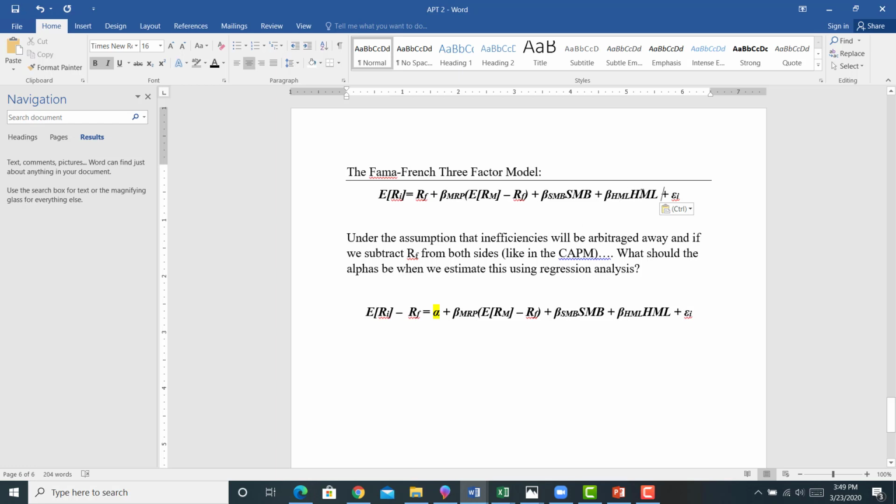The HML risk factor represents the returns of stocks with high book to market ratios minus the returns of stocks with low book to market ratios. I'll explain exactly how these things are calculated. But before I do, let me give you some justification for using these variables as risk factors. Okay.